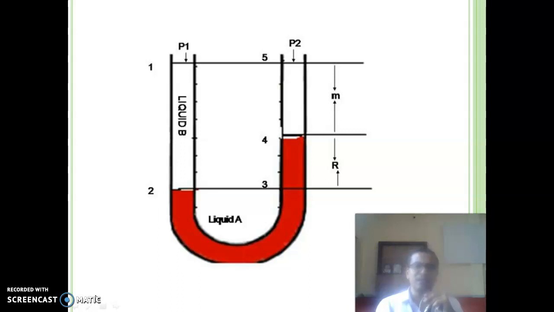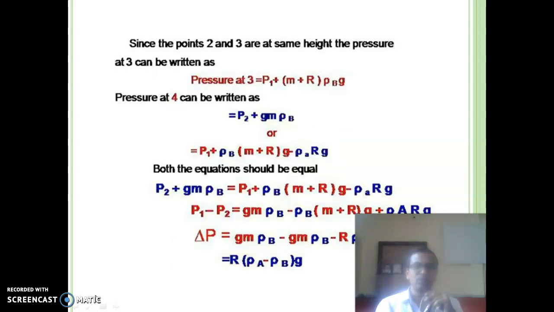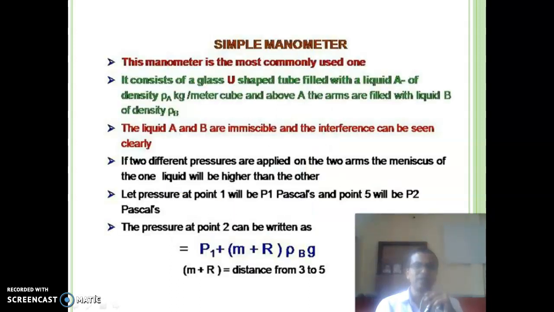This is a simple glass U tube which we use to measure pressure differences. It consists of a glass U-shaped tube filled with a liquid A of density rho A kg per meter cube, and above A the arms are filled with liquid B of density rho B.